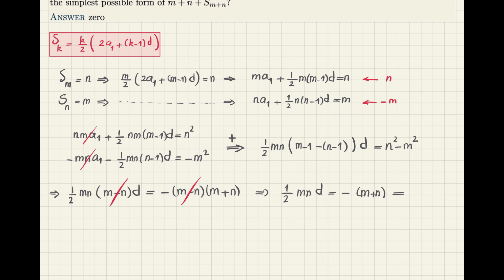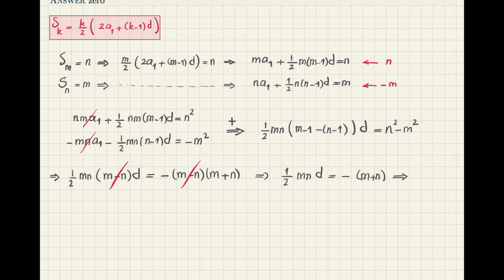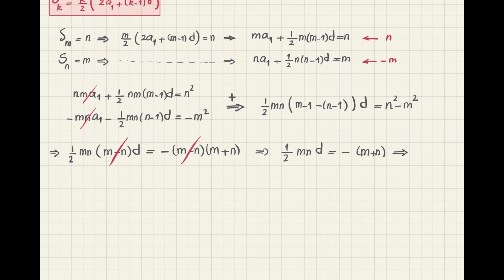And then I am looking for d, so I multiply both sides by 2 and I divide both sides by m times n. Doing these operations simultaneously, I will get minus 2 times m plus n divided by m times n.